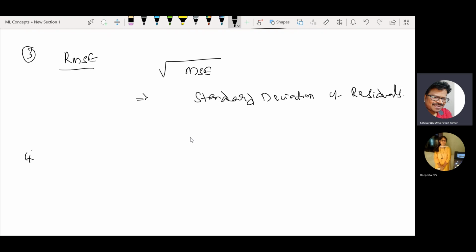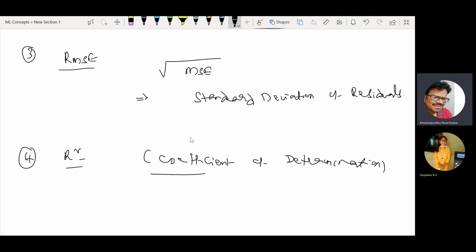And the next thing is, guys, R squared. This R squared is also known as the coefficient of determination. It's quite interesting. It represents the proportion of the variance in the dependent variable which is explained by the linear regression model. So remember that, guys.